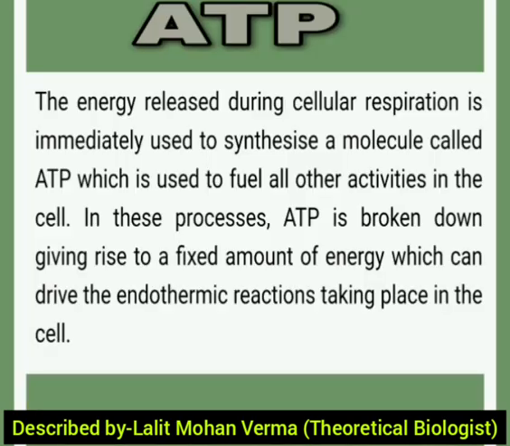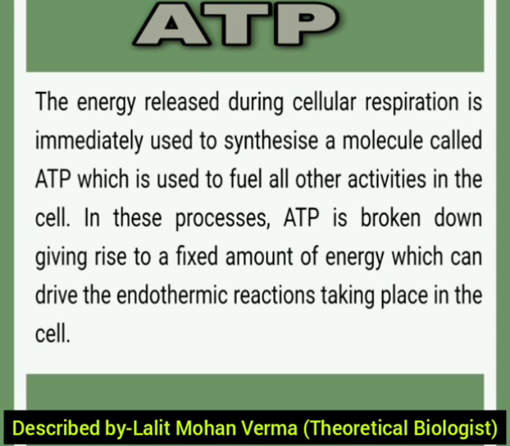Now, what is ATP? The energy released during cellular respiration is immediately used to synthesize a molecule called ATP, adenosine triphosphate, which is used to fuel all other activities in the cells. In these processes, ATP is broken down, giving rise to a fixed amount of energy, which can drive the endothermic reaction taking place in the cells.